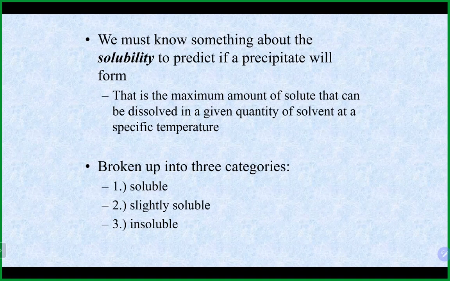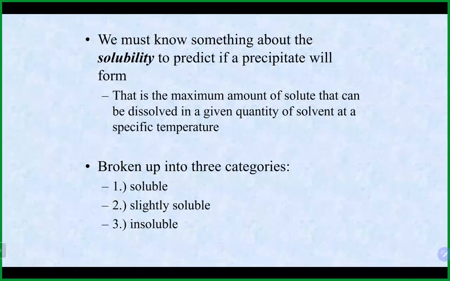If things are soluble, the rules tell you that when those two ions come together, you would expect a solution to occur, and those get the aqueous symbol. The other big category is insoluble, which means you will get a solid, and that gets the solid symbol.